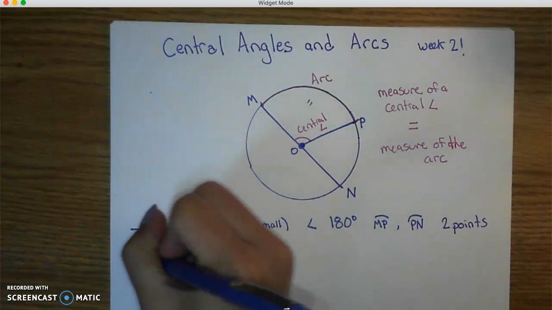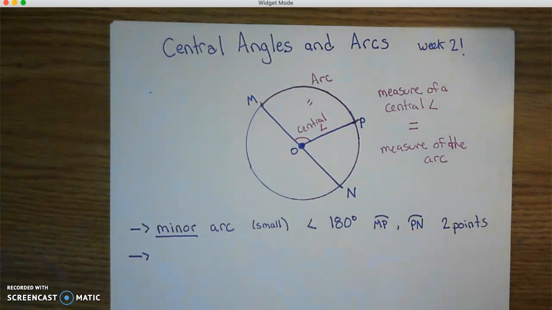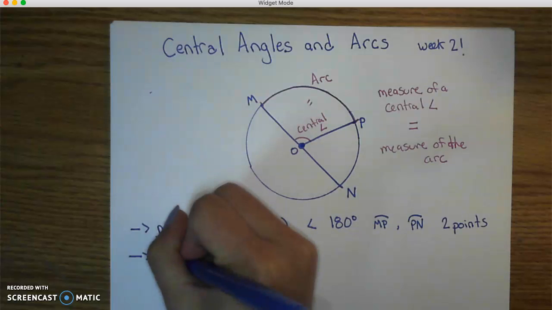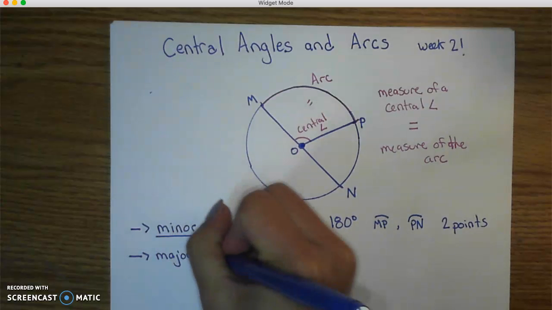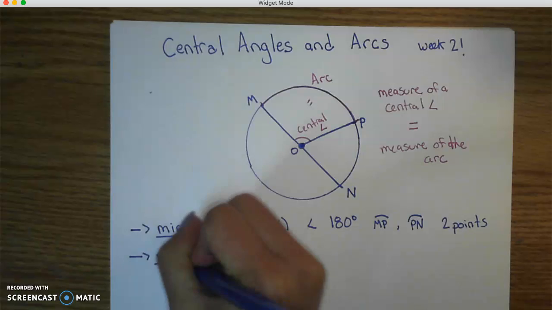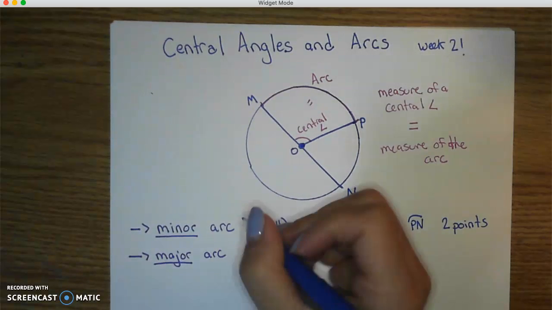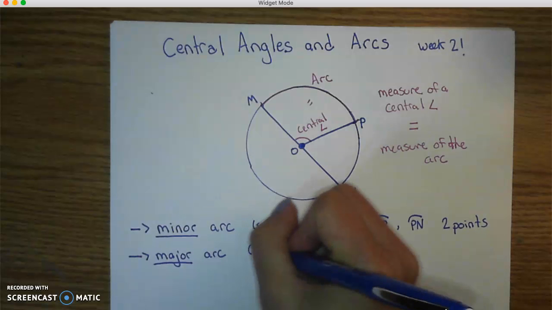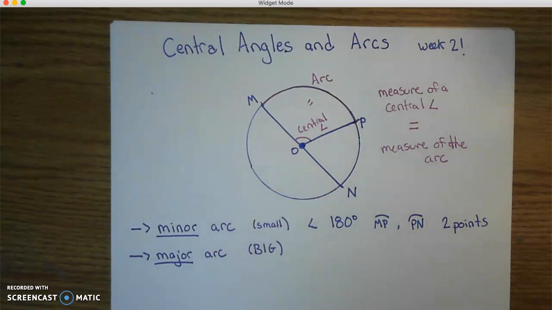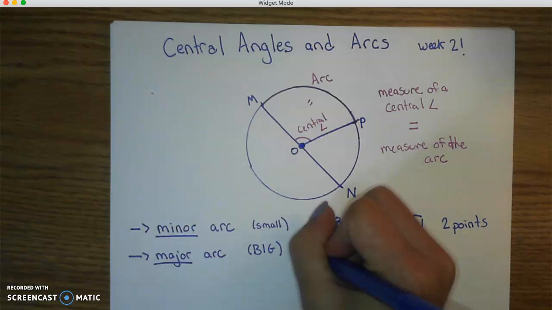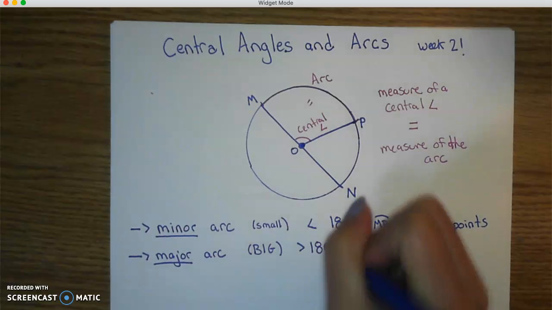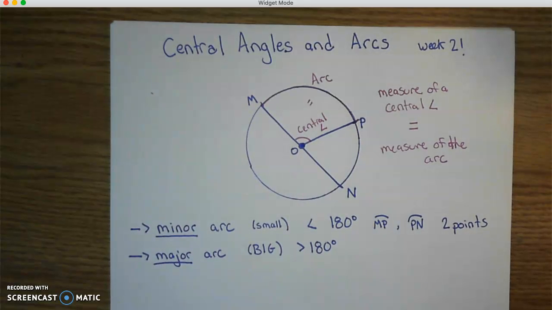The opposite of a minor arc is a major arc. Do we think major means big or small? It means big. So it is an arc that's greater than 180 degrees. And we use 3 points.